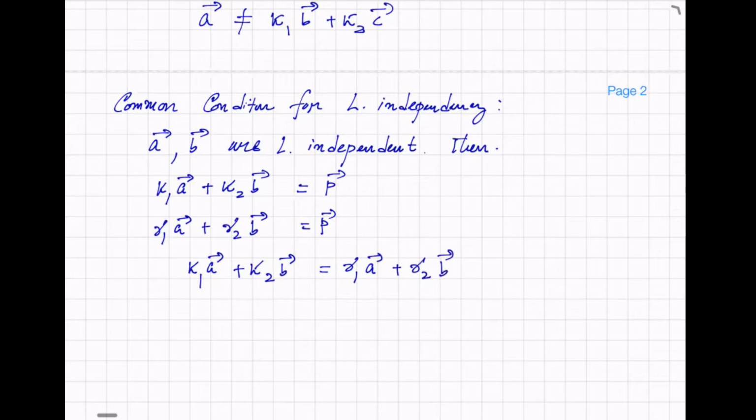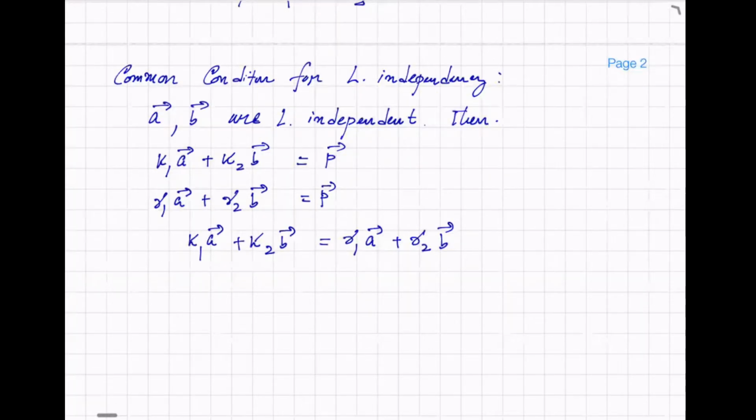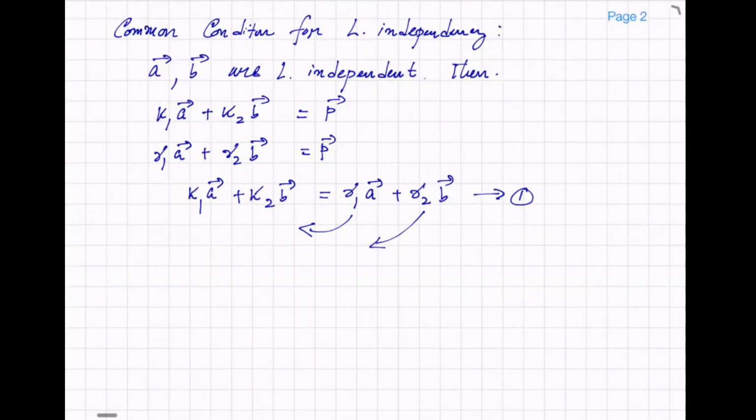If they are linearly independent, we can rearrange this equation. Suppose this equation is 1. We will rearrange this equation by taking these values to the left hand side. So you can say k1 minus gamma 1 A vector plus k2 minus gamma 2 B vector is equal to 0.